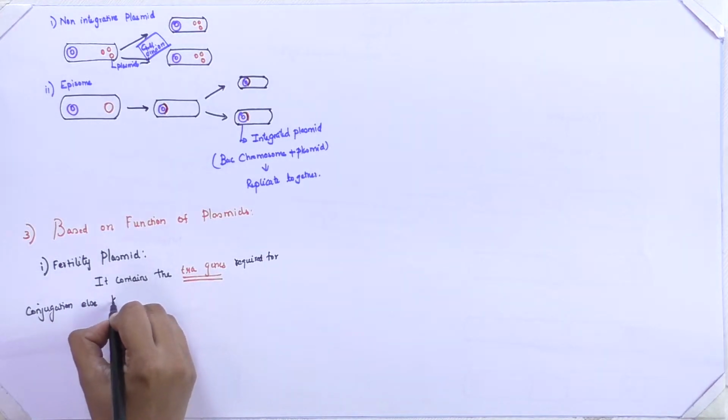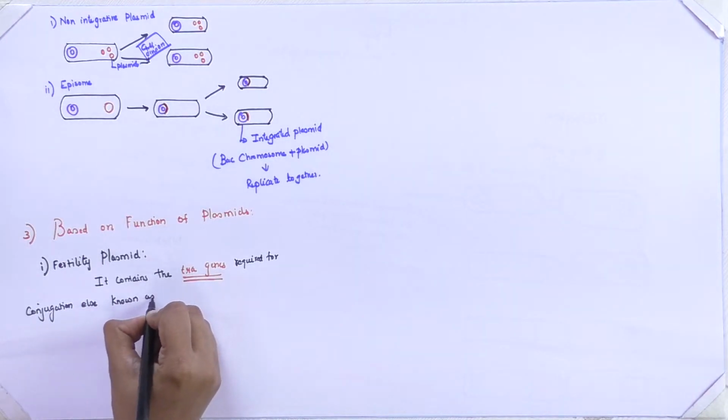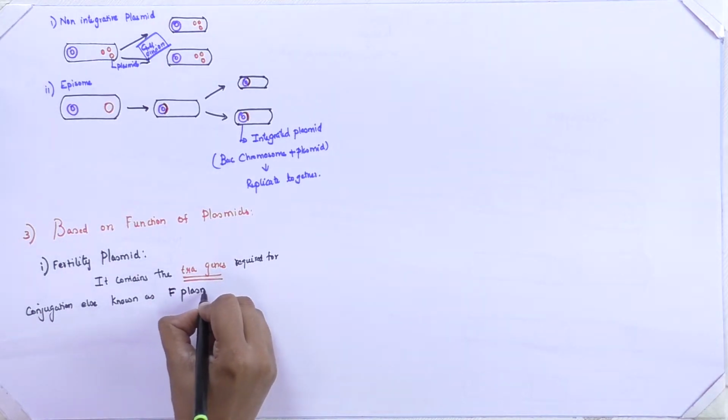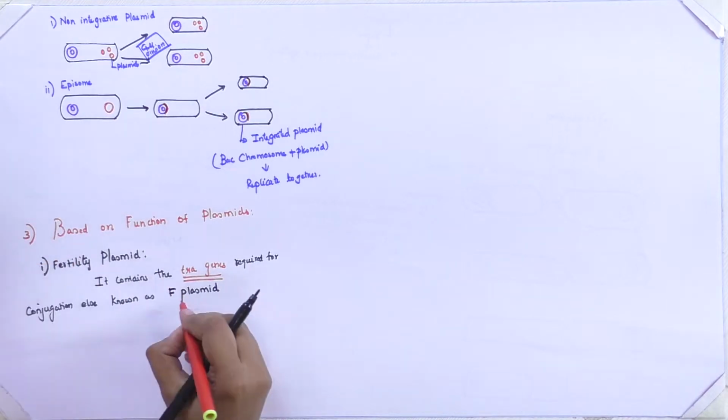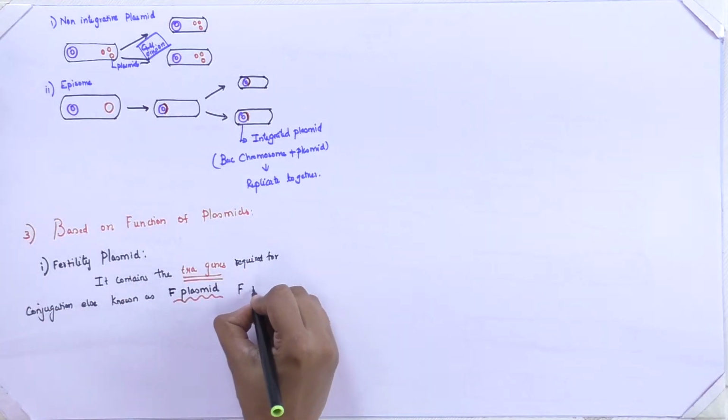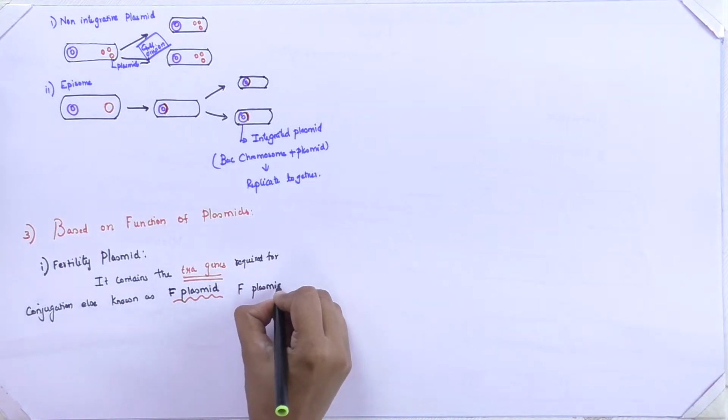Else known as F plasmid, the fertility factor, that is transfer genes. Example, F plasmids in E. coli.